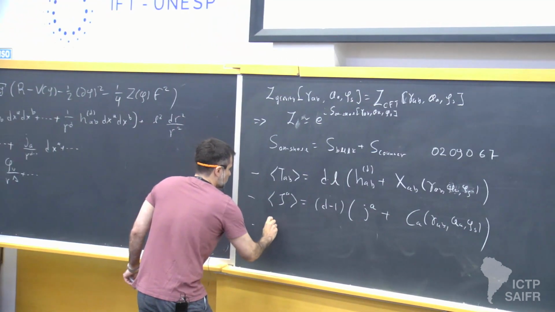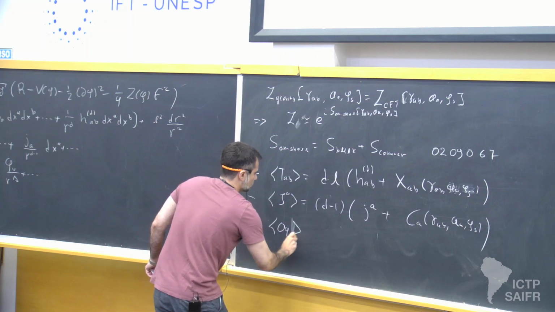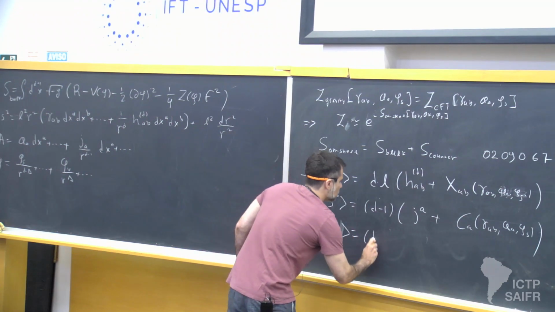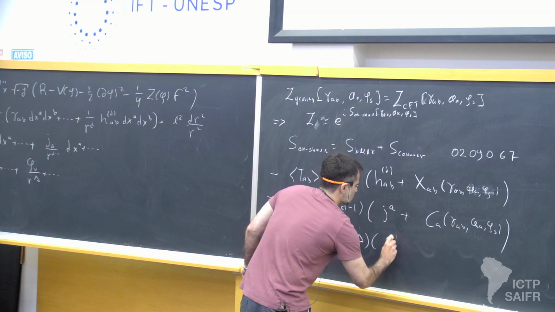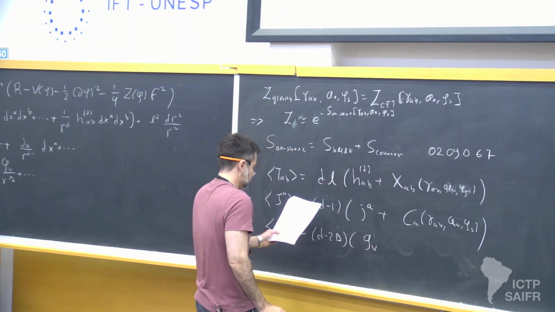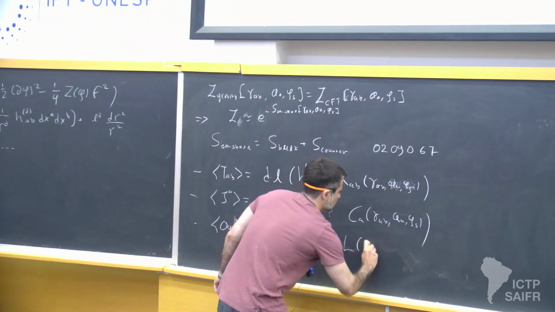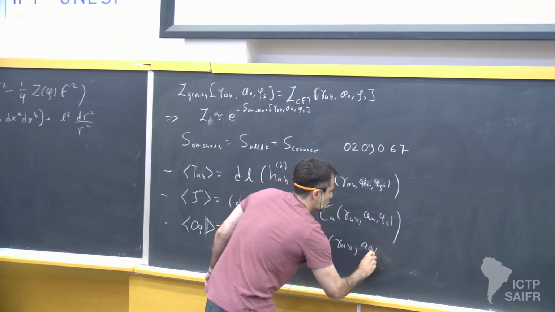And for the dual scalar operator, you have a similar story, but the non-local term will be given by phi_V, that constant of integration, plus, again, local terms in the sources.